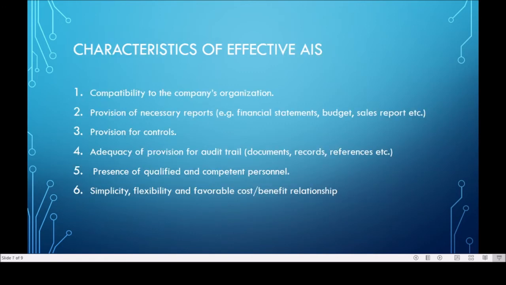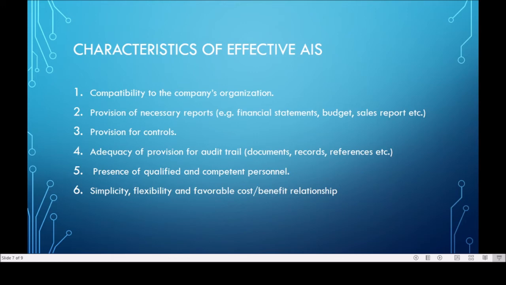Characteristics of effective AIS. For an AIS to be effective for a certain accounting entity or business organization, the following shall be present. Number one, compatibility to the company's organization. We cannot use the accounting information system for a real estate industry for a merchant, a buying and selling company.